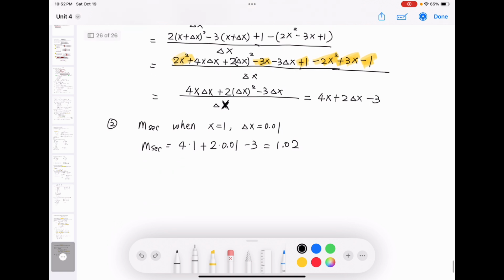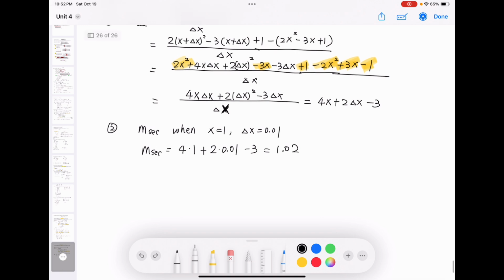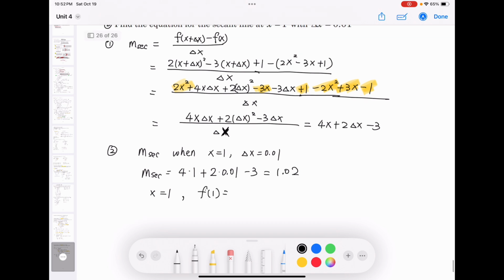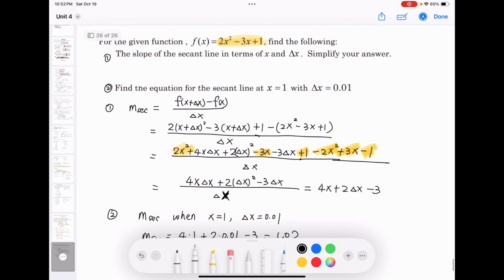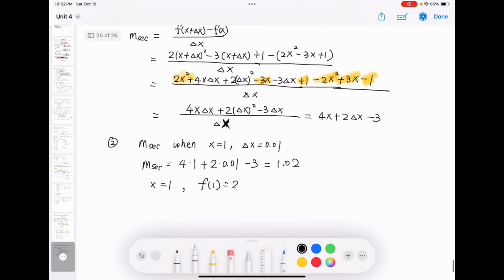So how about the next step? I need an x and y value. When x is equal to 1, what is f of 1? We need to put it into the function, 2 times x squared minus 3x plus 1. So 2 times 1 squared minus 3 times 1 plus 1. It is 2 minus 3, which is negative 1, plus 1 is 0.